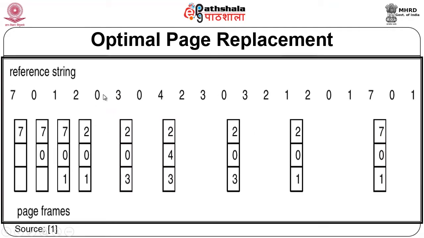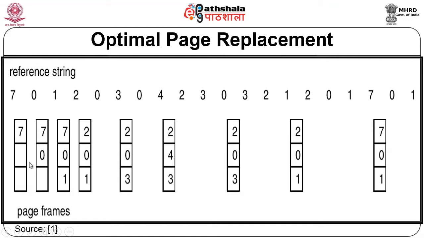Consider this reference string. This reference string is the sequence of references to different pages, and say there are three page frames in the memory. With this reference string we will see how optimal page replacement works. The first reference is to page number 7.